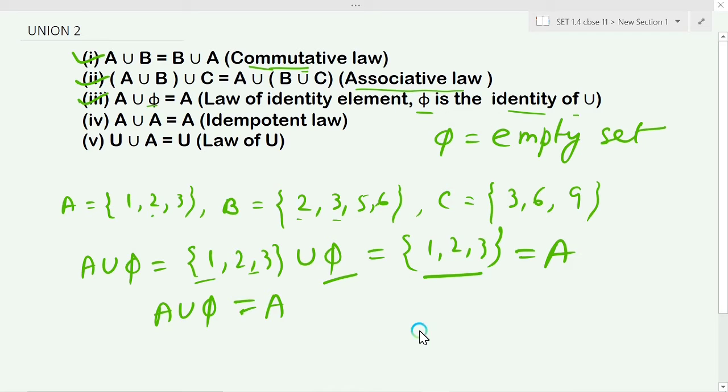What is identity? Okay, identity of union. So if we add any number with 0, we get the number. If we add 0 to anything, we get the same number. So 0 is the identity element of plus.